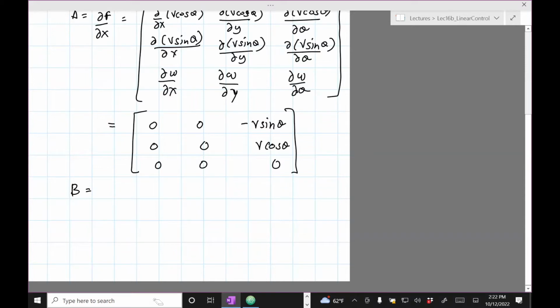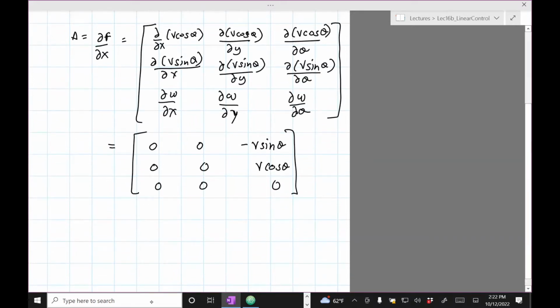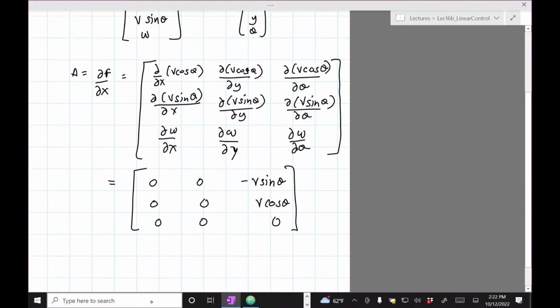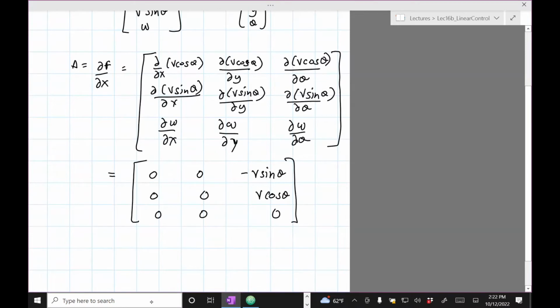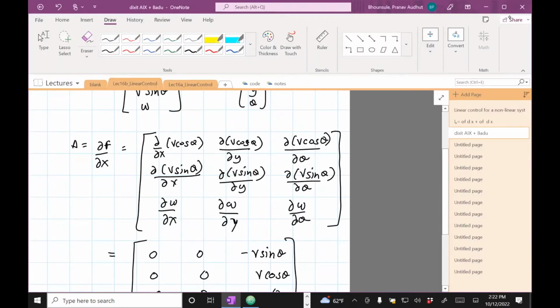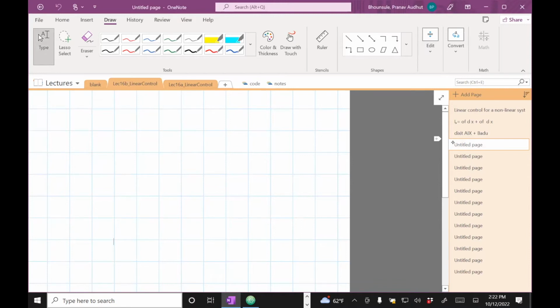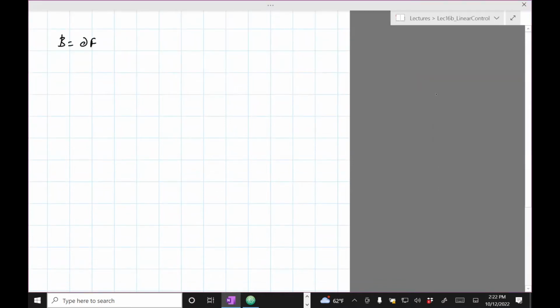Okay, B is df du. So this is how we go. Remember that u is v and omega, so we need to take care of both of these. So d(v cosine theta)/dv, d(v cosine theta)/d omega.